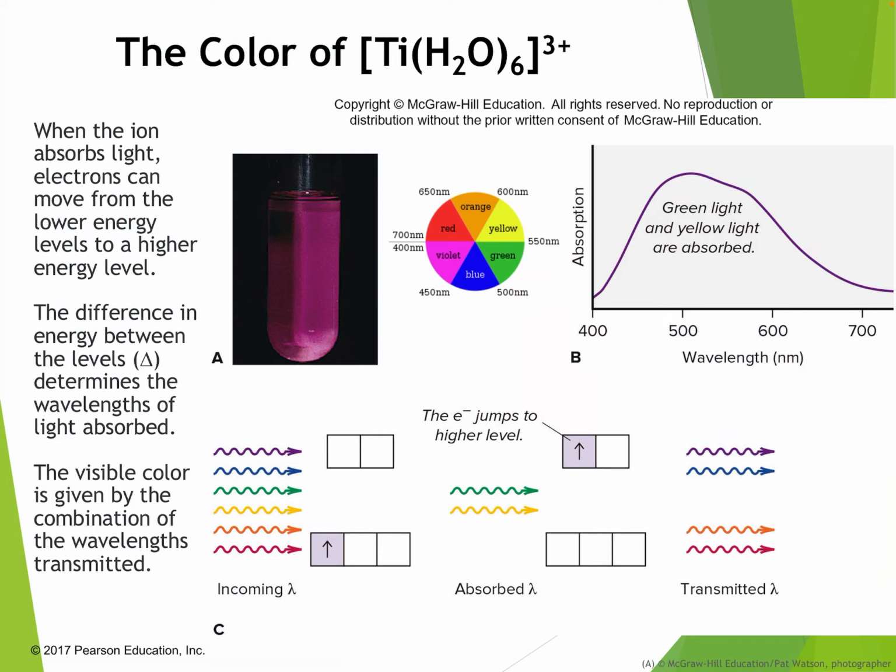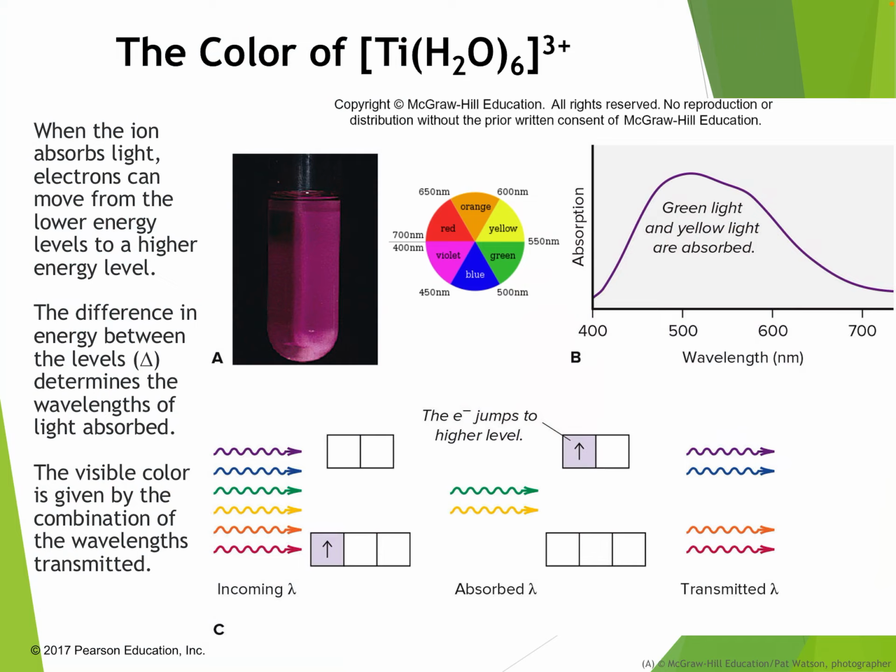So here's the picture I was talking about. If we have an atom or an ion that's going to absorb some energy, in this case, we have titanium 3+. Okay, so titanium normally has 4 valence electrons. If it has a 3+, that means now we're down to 1. So we're just looking at this 1 valence electron, which is really easy to picture when we're doing this.